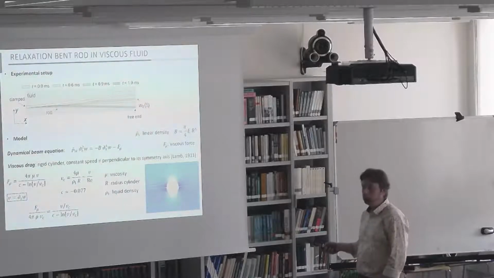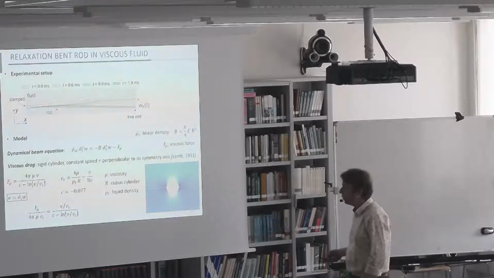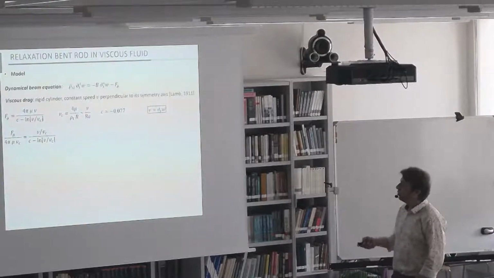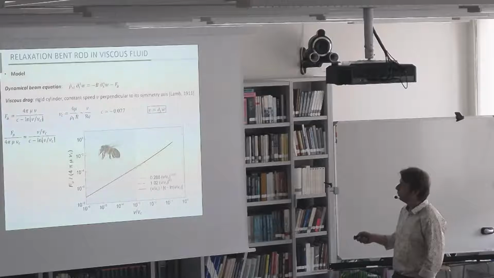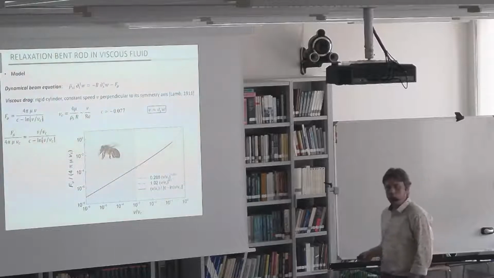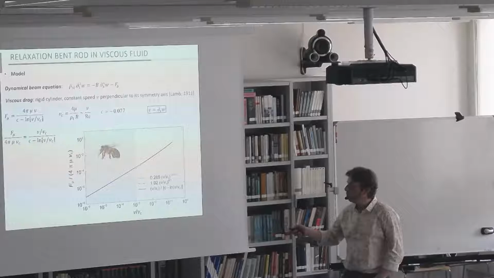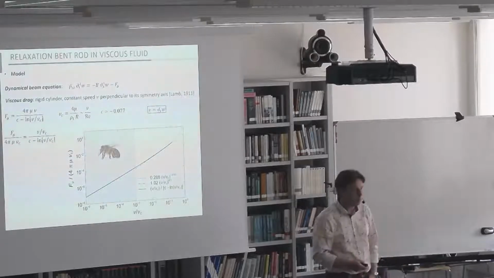And now you can plot this rescaled function as a function of V over Vc, which is essentially the Reynolds number. So this is the force, and you plot it as a function of V over Vc, and you get the orange curve here. The dotted line is actually the region where this force is no longer valid because it diverges at some point. So this has been computed at low Reynolds number.